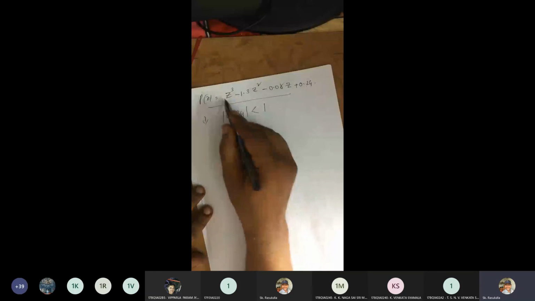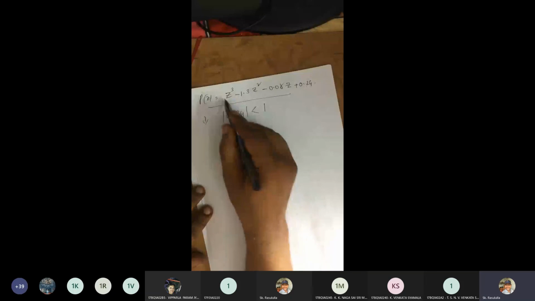Then the second one, P of z when z is equal to 1. 1 minus 1.3 minus 0.08 plus 0.24 is equal to minus 0.14.